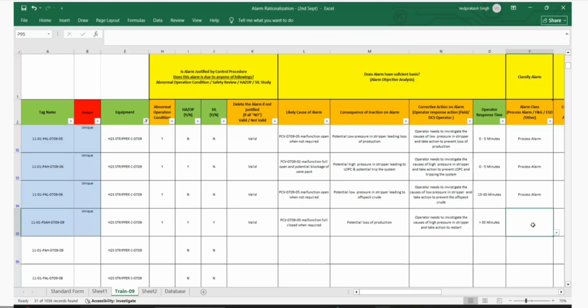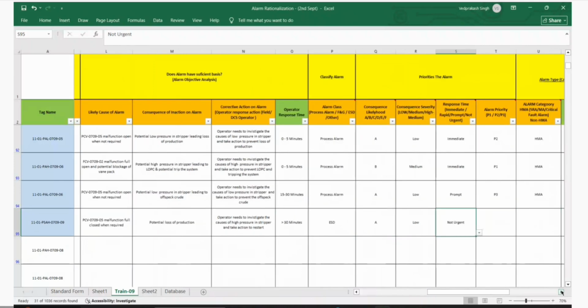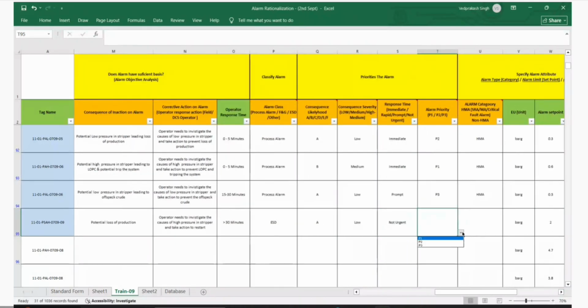You're right. So this is an ESD function, but we have response time low. So this is notable. This is low risk. This is not urgent. Low plus not urgent is P3. P3.